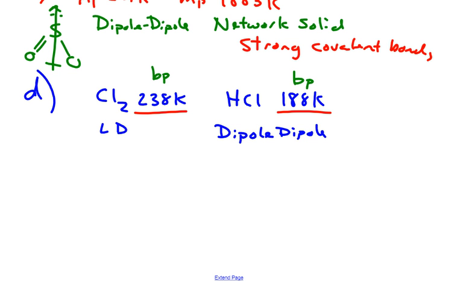If you're ever trying to talk about London, though, I think you can get away with this if you talk specifically about the size of the cloud, the number of electrons. So that's what they were saying for the second point: you have more electrons in here than in here, because then there's more to interact. So I think by saying a larger cloud creates a larger LD, you'd be fine. And you don't have to get into all the induced dipoles and all that stuff.